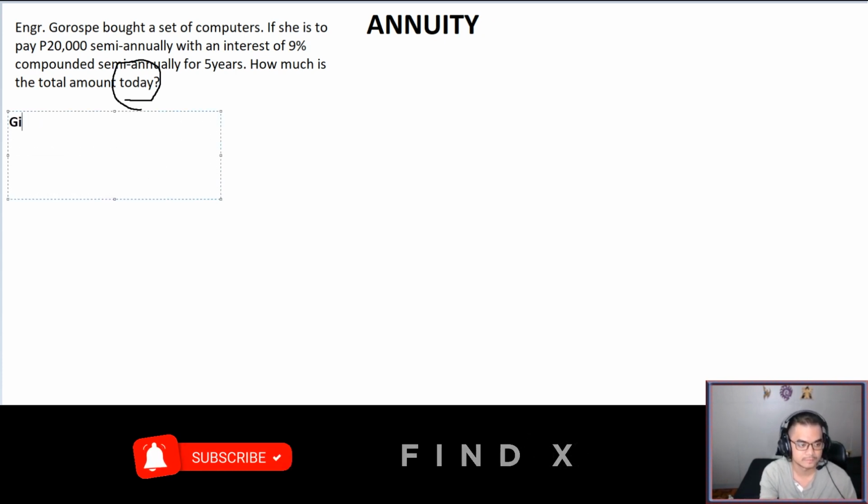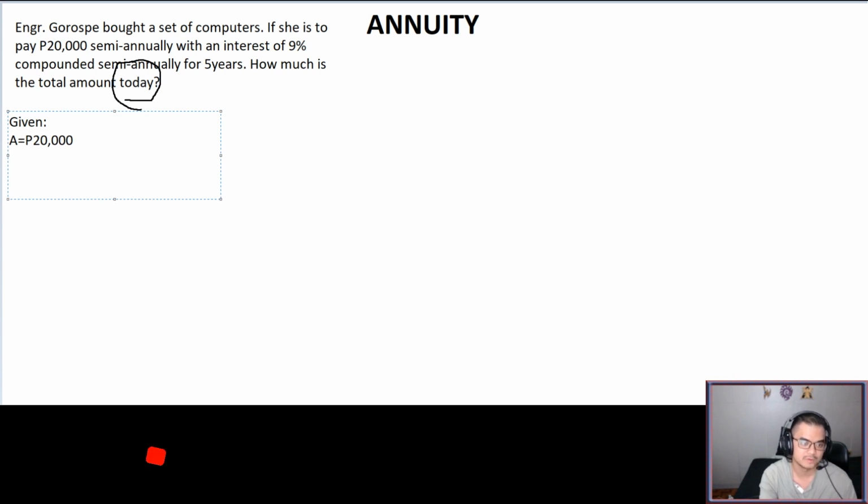The givens: we have 20,000. You're paying 20,000 every semi-annual, for 5 years. So that will be your A, 20,000. What else? We have 9% compounded semi-annually.